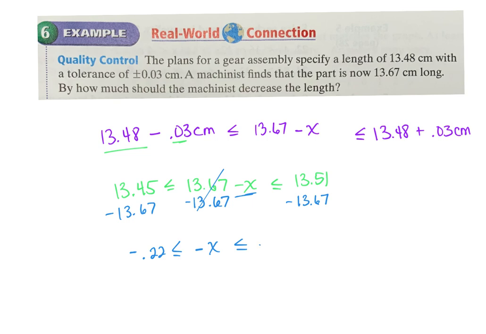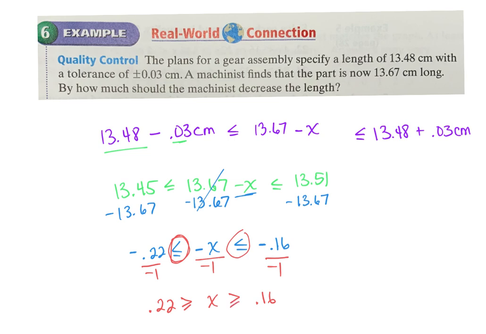Negative point what? Yep, 0.16. All right. So my last step to get x by itself, what do I need to divide by? Negative 1. All right. So my x is by itself. I divide this by negative, I get a positive 0.22. What needs to happen here? Flip it. And I divide this, I get positive 0.16, and I need to do the same thing.